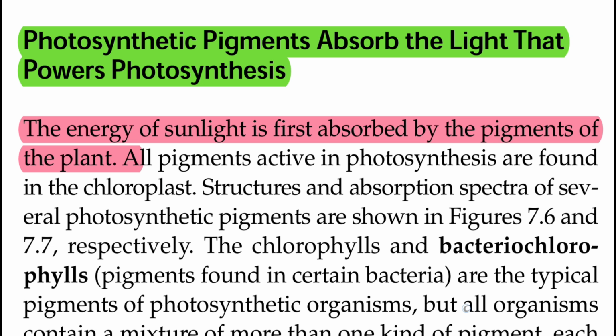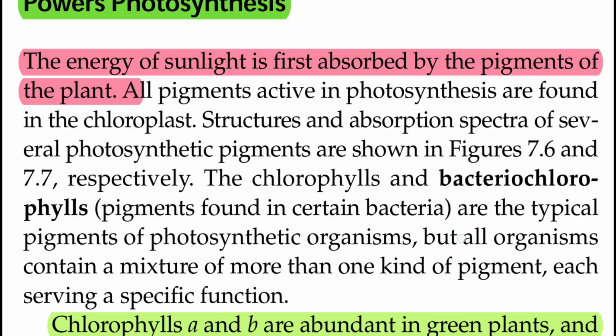The chlorophyll and bacteriochlorophyll are the typical pigments of photosynthetic organisms, but all organisms contain a mixture of more than one kind of pigment, each serving a specific function. मतलब कि सिर्फ क्लोरोफिल ही नहीं है जो फोटोसिंथेसिस में रोल प्ले करते हैं, but other lots of molecules are there which together in a coordinated form play an important role and finalize this process.